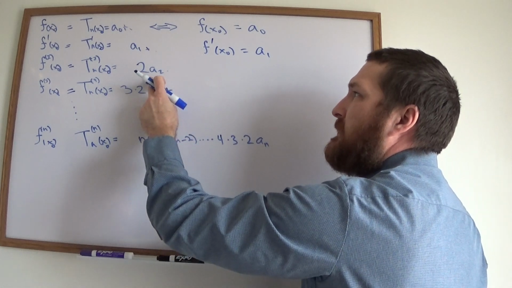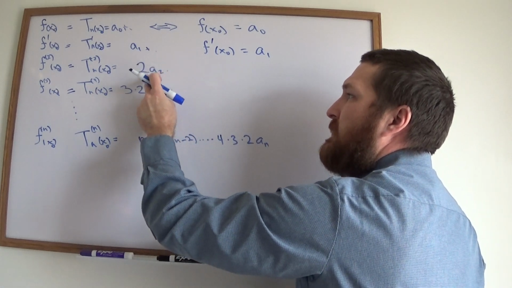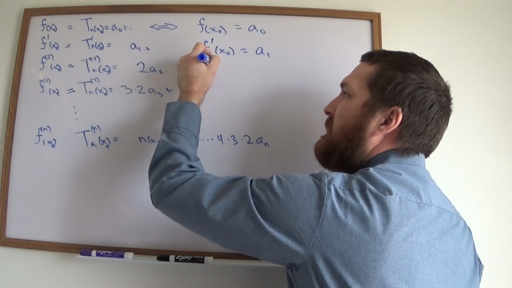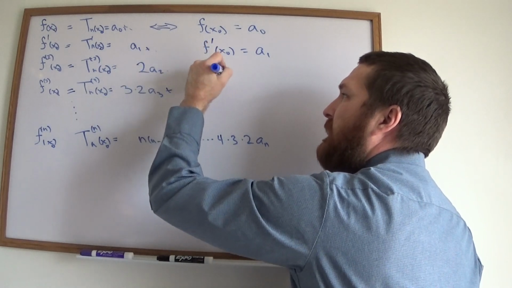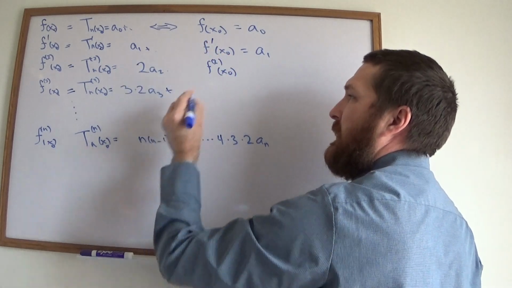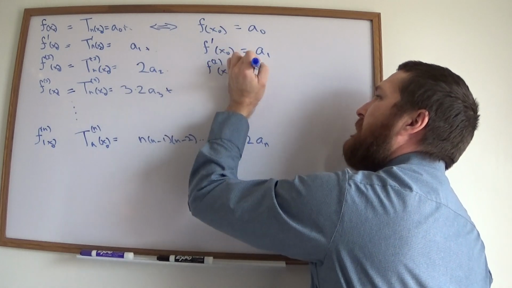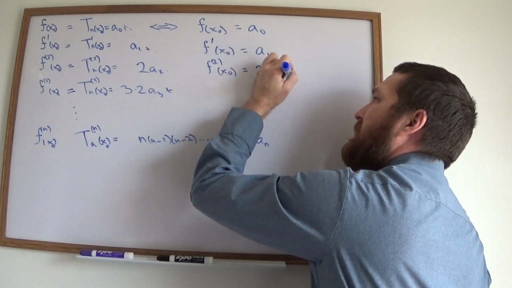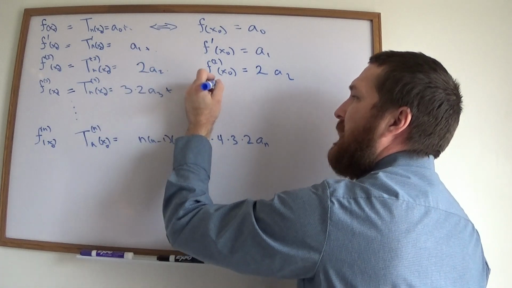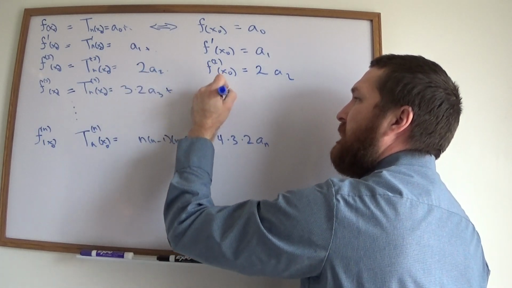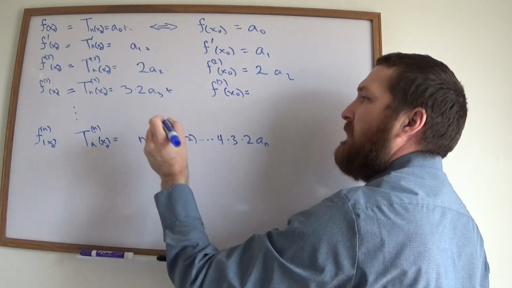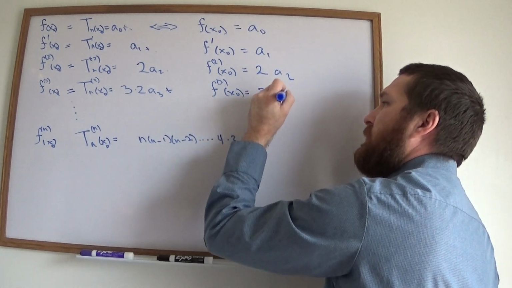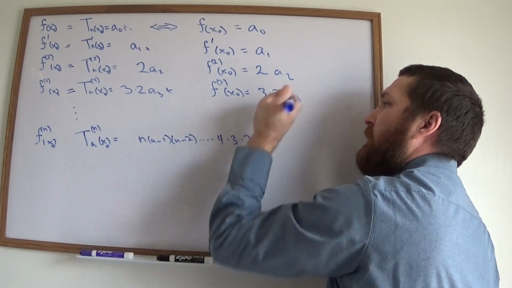Now, this is the same thing as A2. So this says that the second derivative, when I evaluate it at x0, has to be the same thing as 2 times a2. This says that my third derivative at x0 has to be the same thing as 3 times 2 times a3.